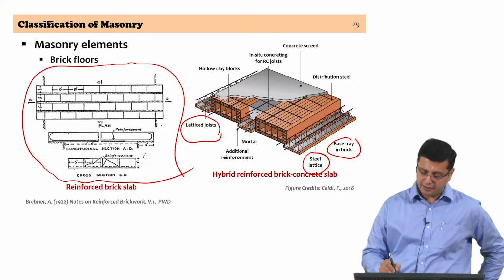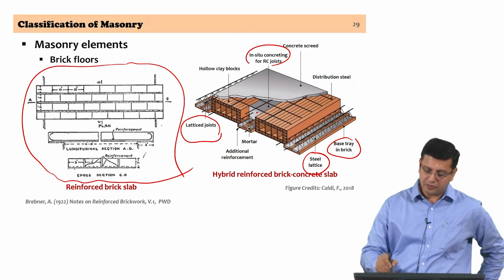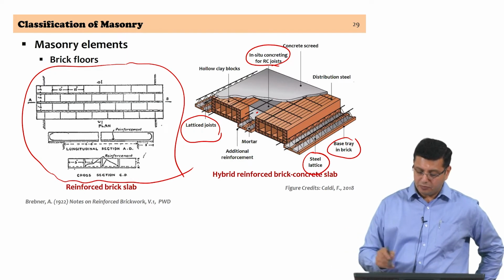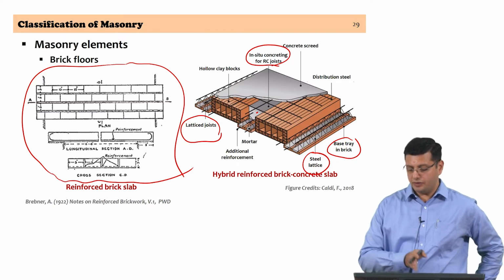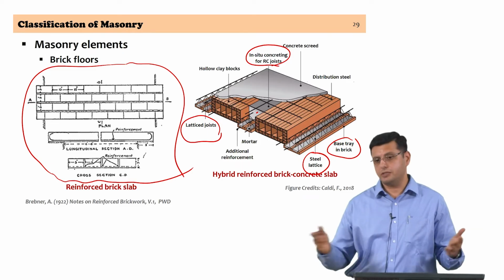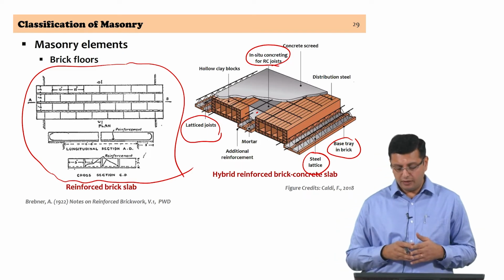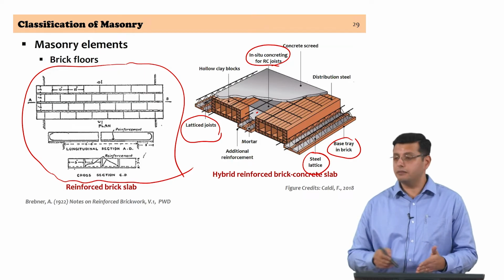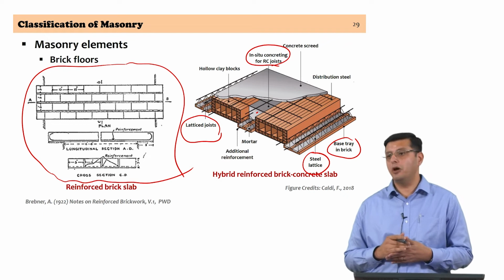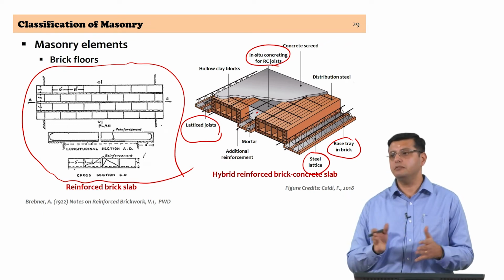As you can see here, there is in situ concreting to create these reinforced concrete joists, and the spacing of these joists would depend, of course, on the span and the kind of loads coming onto the floor slab itself. Between these joists you have hollow clay blocks, which are good in compression.